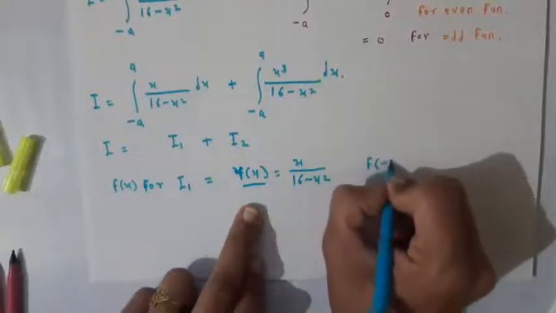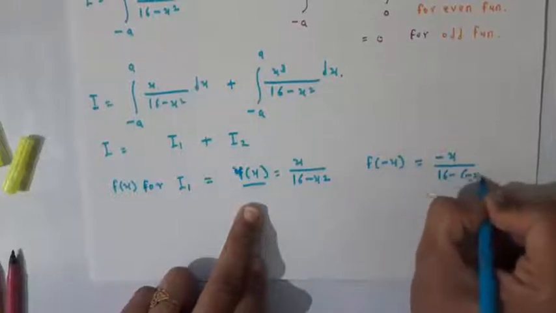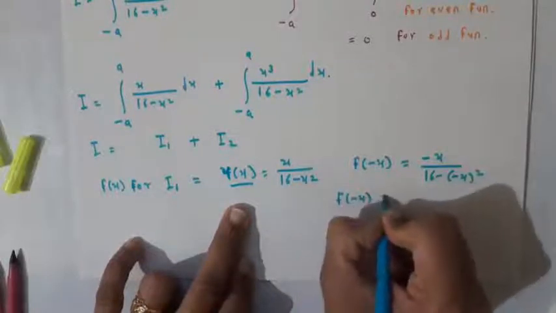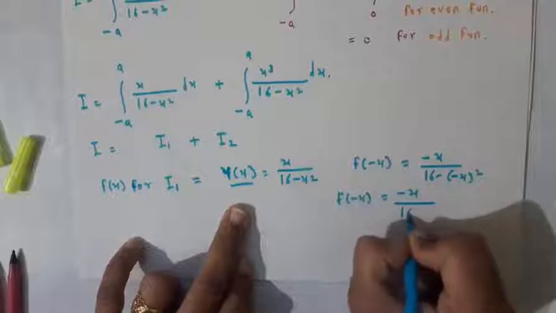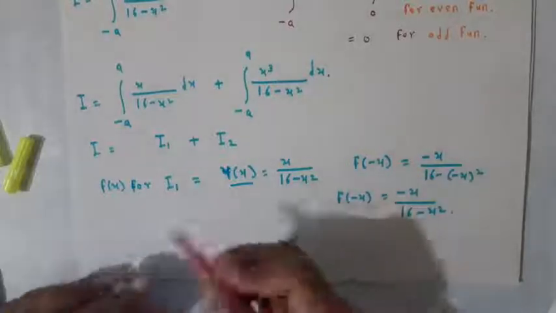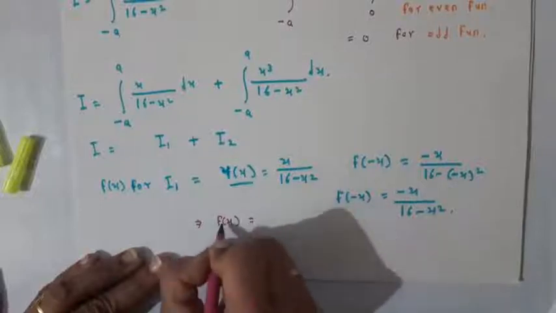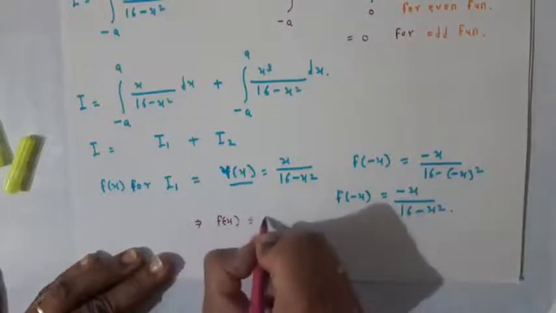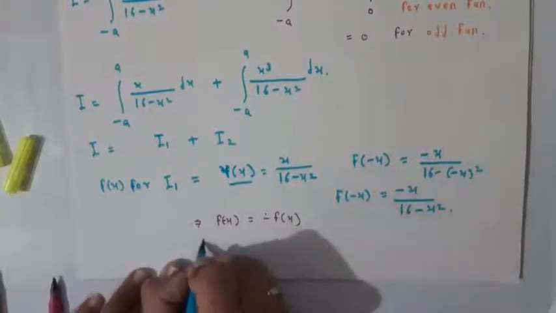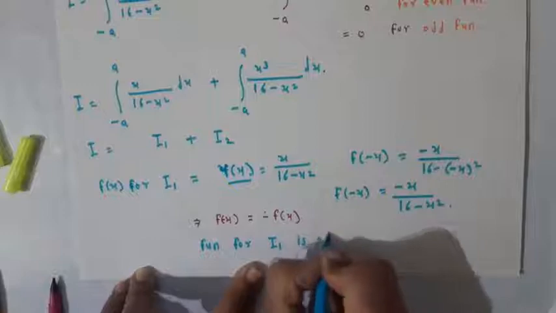Now find f of minus x, and that is minus x upon 16 minus minus x whole square, which is minus x upon 16 minus x square, and this is minus f of x. This implies f of minus x equals minus f of x. Hence the function for I1 is an odd function.